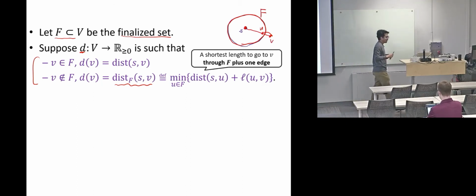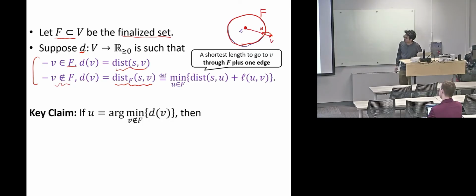So distance with respect to F can be more than the real distance. Okay. But now, everyone in the finalized set has the correct distance, but the ones that are not finalized are maybe not done. But the key claim is this.